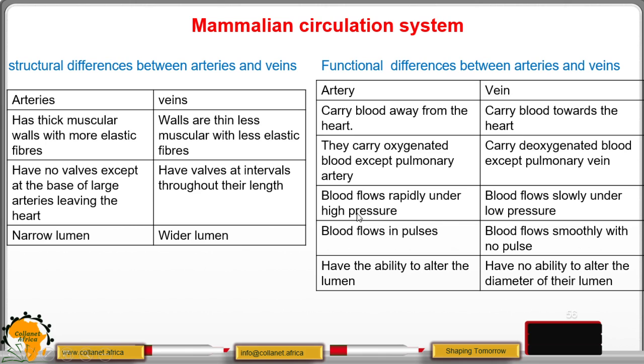Blood flows rapidly under high pressure in arteries, but in veins, blood flows slowly under low pressure. In arteries, blood flows in pulses, whereas in veins, blood flows smoothly with no pulse. Arteries have the ability to alter the lumen, whereas veins have no ability to change their lumen.